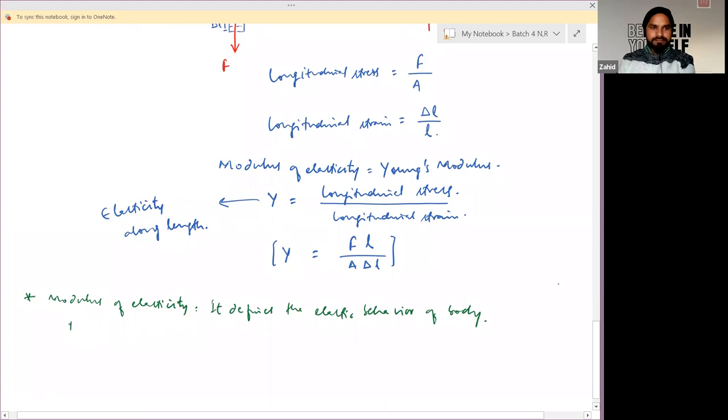Next, it depends upon nature of material and temperature, and it will be independent of dimension.